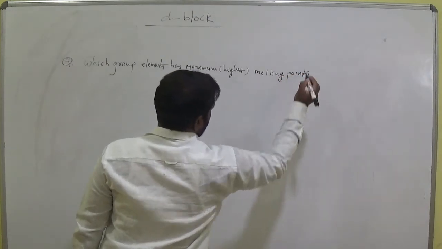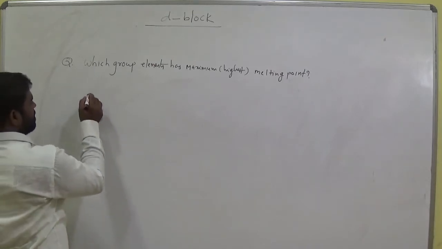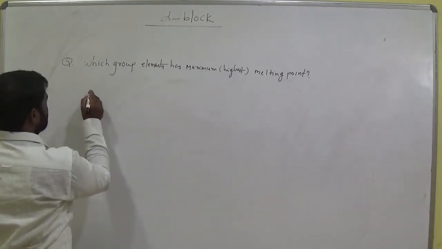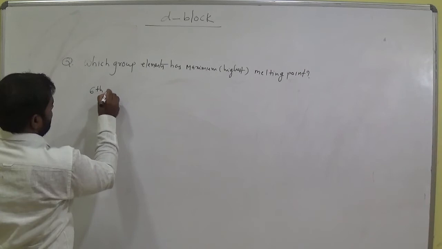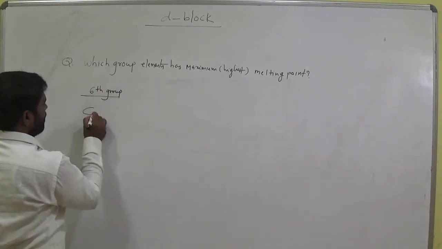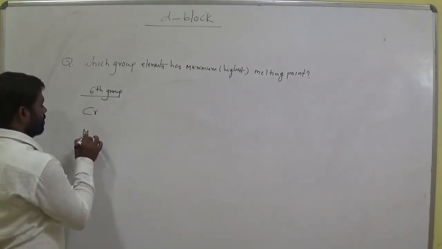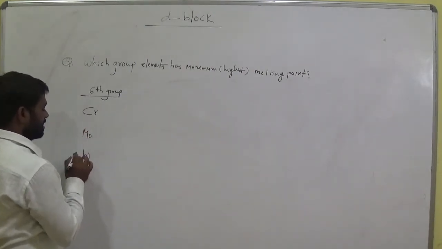Okay, that is the sixth group, that is chromium, molybdenum and tungsten.